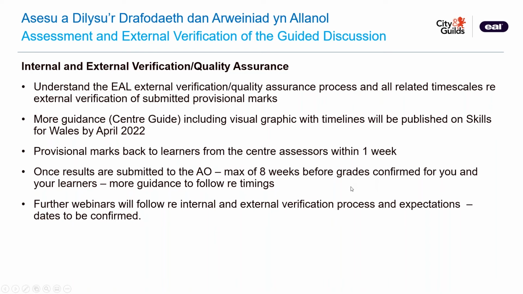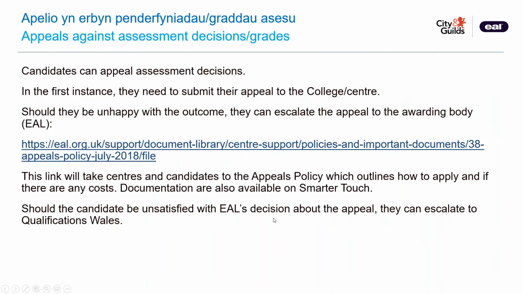So, you know, it's all about the planning and availability of your staff, etc. And then feeding that into the AO for external quality assurance. Further webinars will follow on the internal external verification process, and expected dates to be confirmed later.